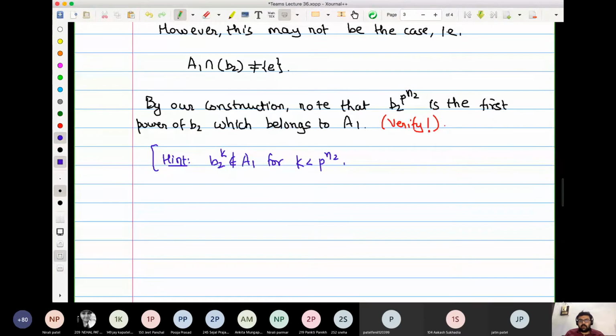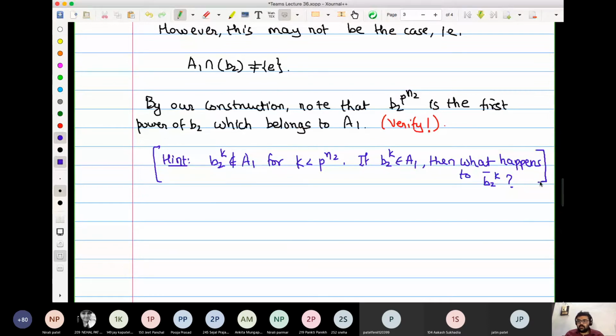And conversely, suppose this belongs to A1, then what happens to B2 bar power K? Check this. So this is just verification. I leave it to you.